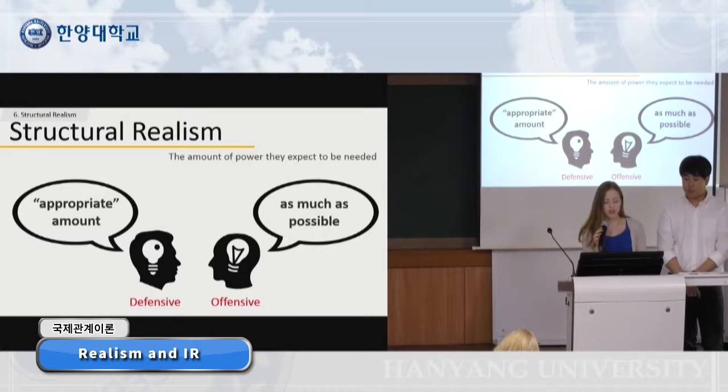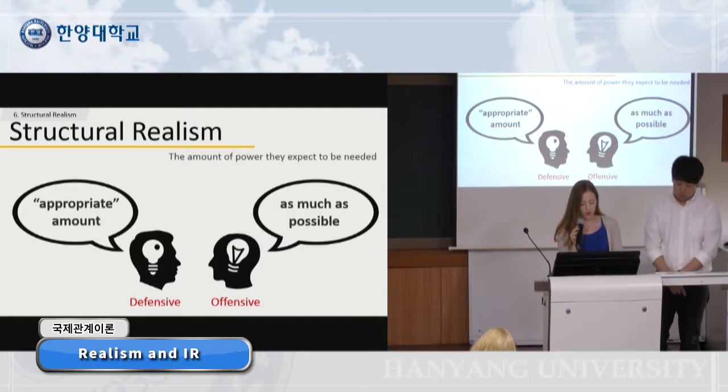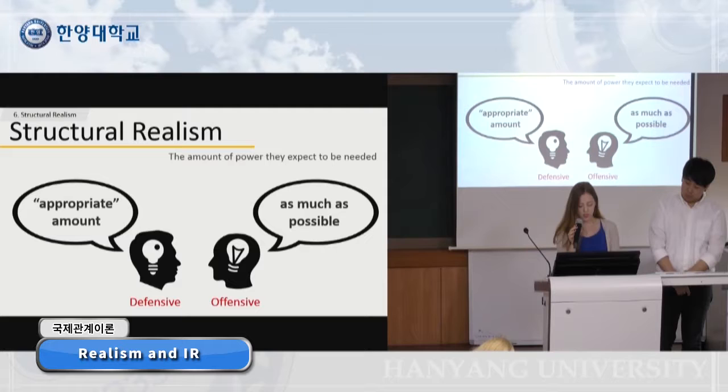Okay, and now let's take a look at structural realism, and let me first talk about defensive structural realism. Like neorealism, it suggests that states look for security in an anarchic system. However, there are three main differences between these two theories. First, defensive structural realism relies mostly on the rational choice of the state.